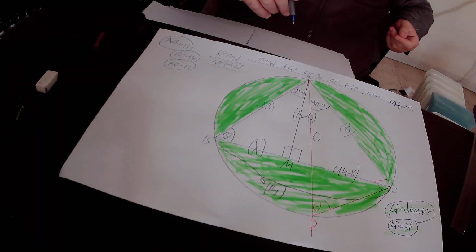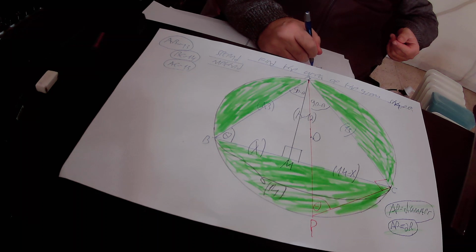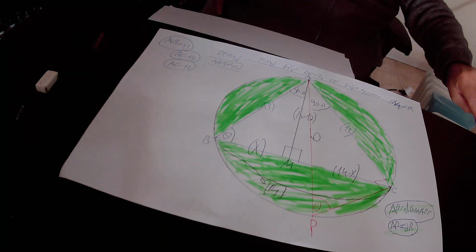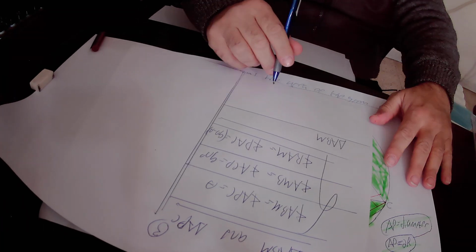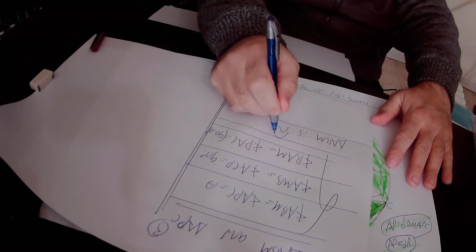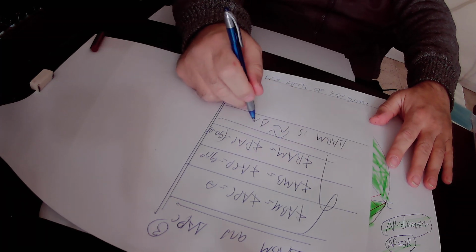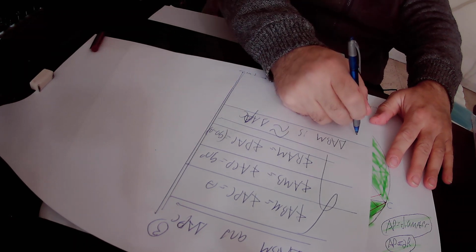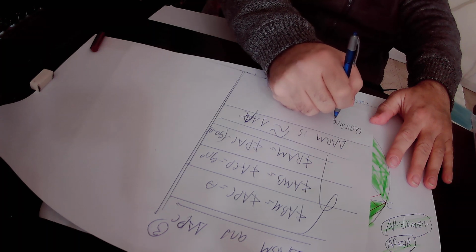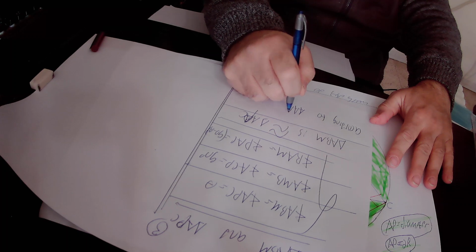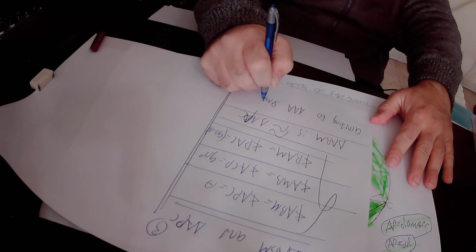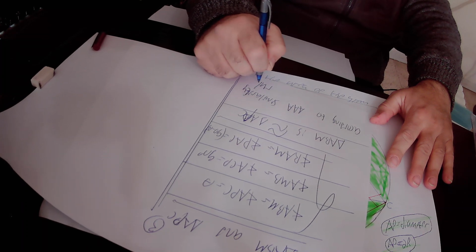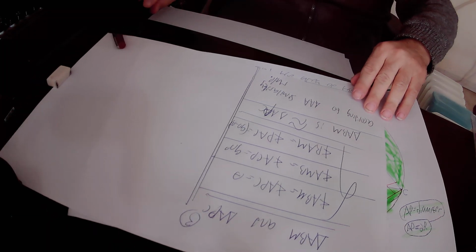Therefore we actually proved that the right triangle ABM is similar, this is the sign of similar, to the right triangle APC, according to the angle similarity rule. Okay?